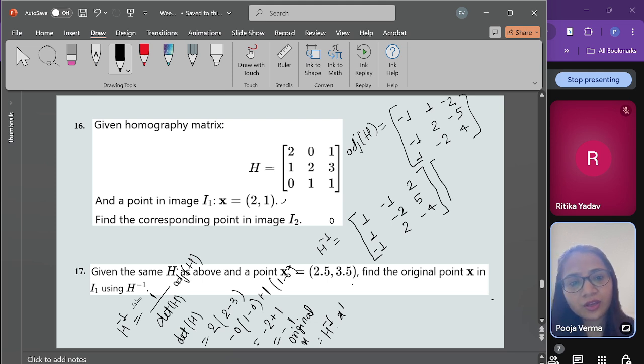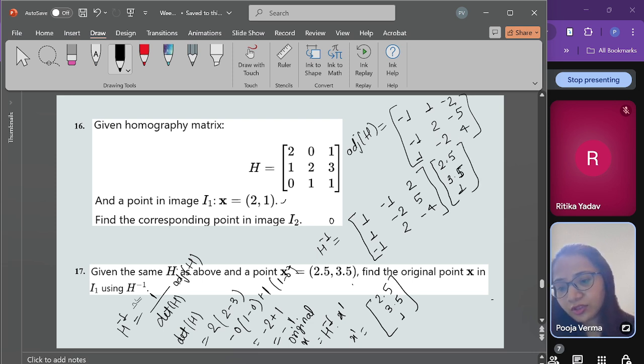Okay. So convert it into the homogeneous form first. X prime, we already know, is 2.5, 3.5 into 1. So 2.5, 3.5 and 1. Okay.